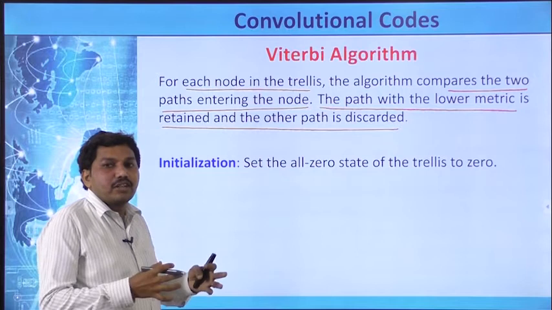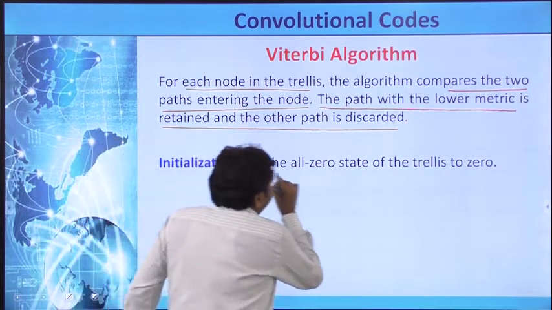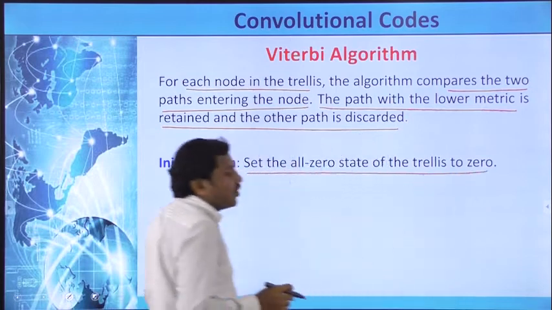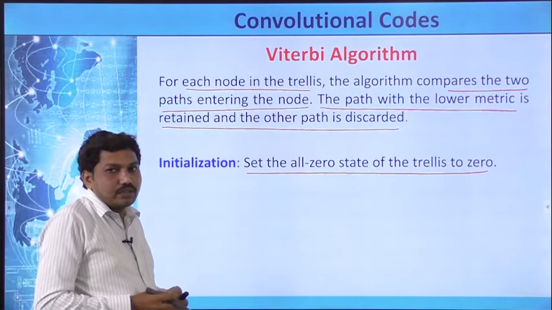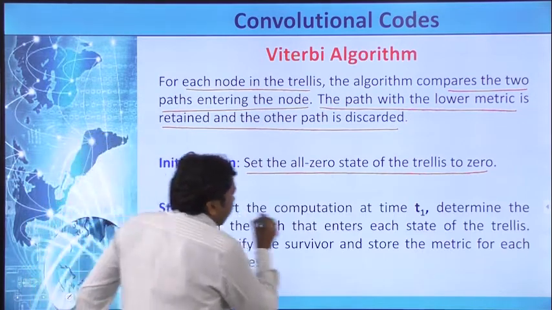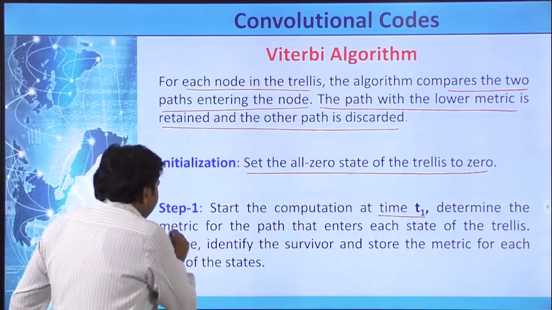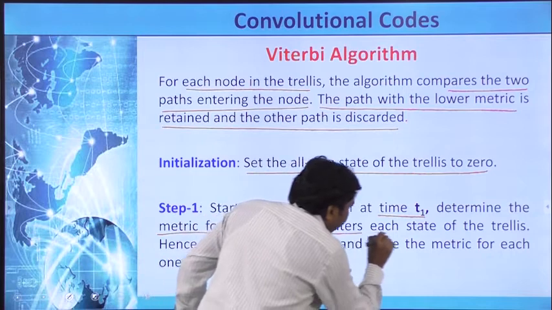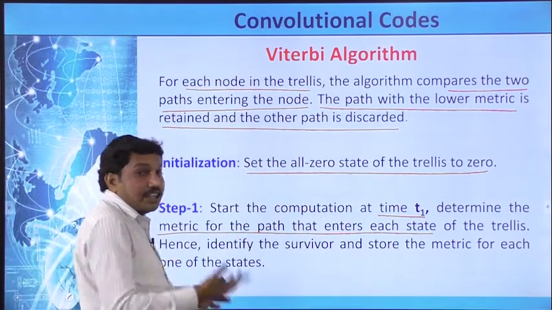So, Viterbi algorithm is as follows. First, set all 0 states of the trellis to 0. We will begin at 0, 0 state. The first step is we will start at time t1 and determine the metric for the path that enters each state of the trellis.